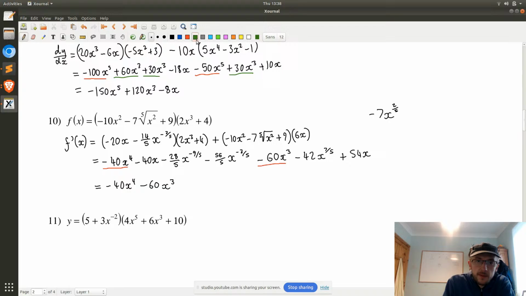And then comes this one and this one. Oh, no, it doesn't. Oh, my goodness me, it does not. That one actually comes way further down the line because it's negative. So I must be careful.